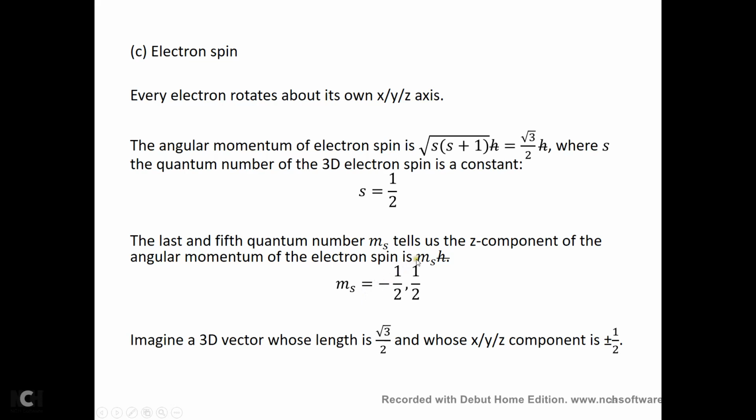The z component is plus minus 1/2 h bar. You can imagine a 3D vector whose length is the square root of 3 over 2. That's the electron spin. Its z component is plus minus 1/2, and that means this vector can point up or down, and at the same time it's pointing into the x and y directions.